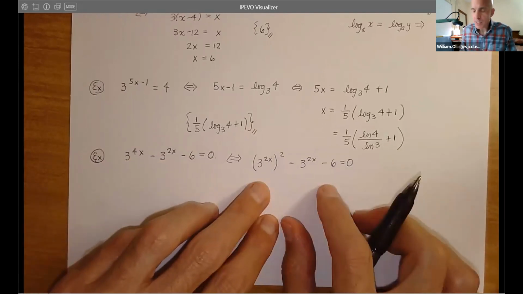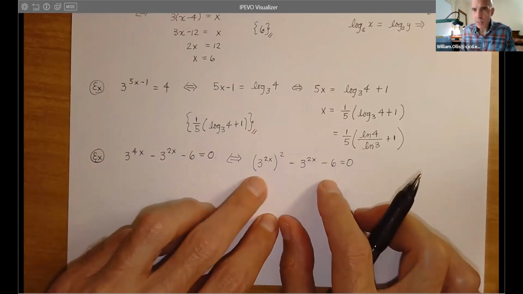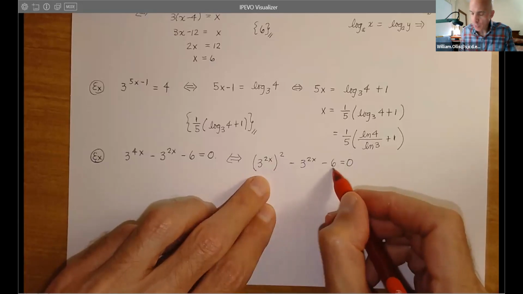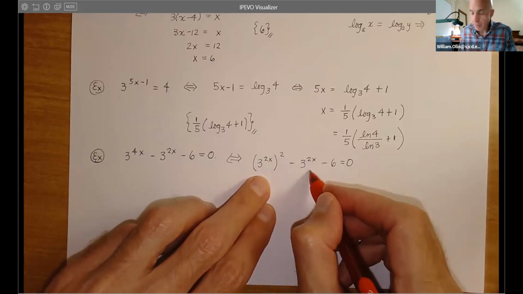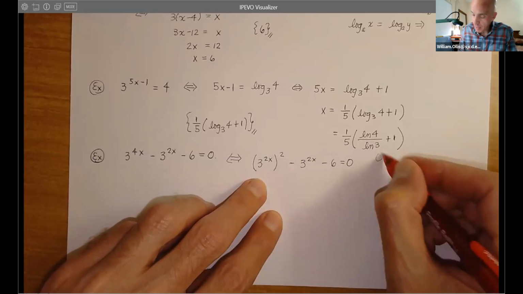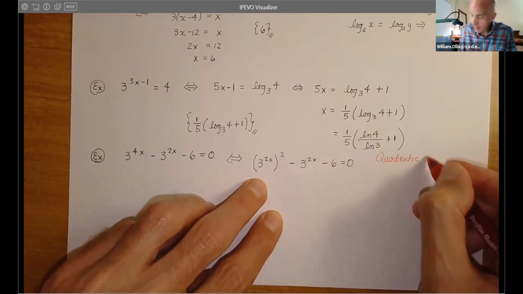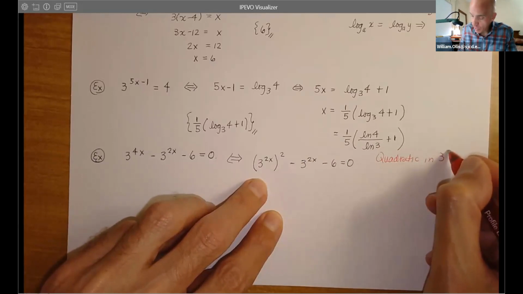So when we look at this equation, we think, oh, okay, this is what we spent our lives studying. These are quadratic. We have a constant term, we have a non-squared term, and then we have a square term. So we say this is quadratic in 3 to the 2x.